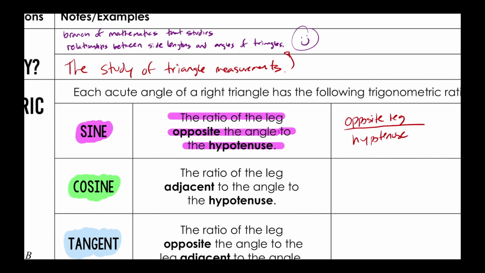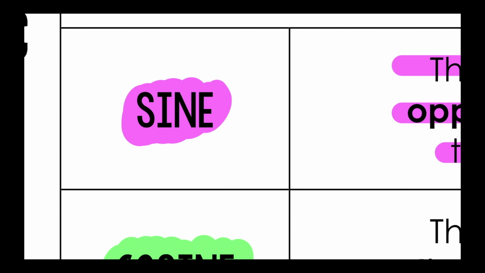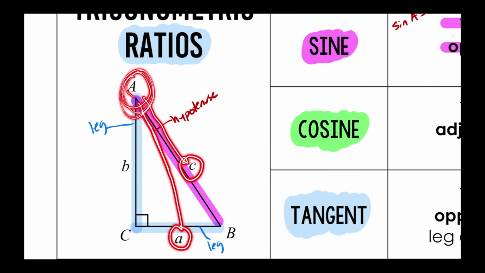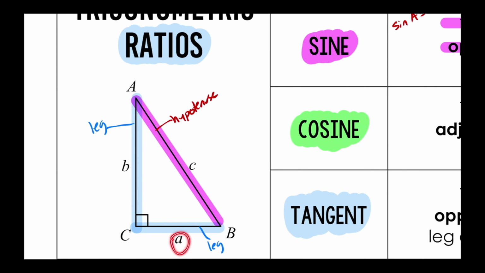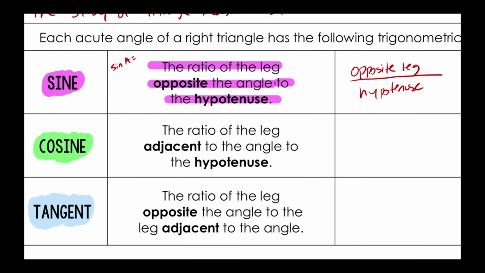And it depends on the angle. You won't just see sine, you'll see something like sine of A. That means I'm standing right here at angle A, so the opposite leg is over here and the hypotenuse is over here. So that would be my sine, this over this. And of course, there'll be numbers here. You need to know these numbers. Okay, that's it. Sine is the opposite leg over the hypotenuse.